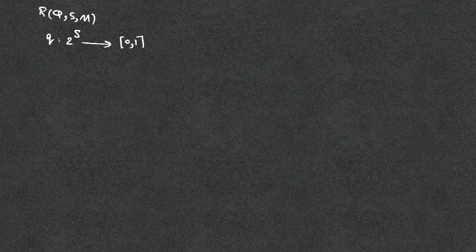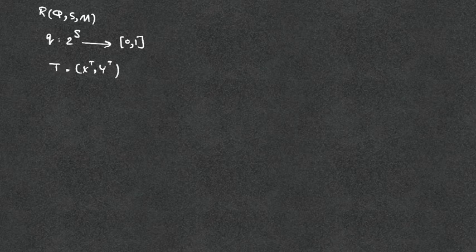Now, they offer a slightly different definition of R. Their formulation of R(phi, S, M), or representation bias of phi in S with respect to M, is defined this way. Consider Q to be a probability distribution over all of the subsets of S. These subsets can be written as T like this, with xt and yt, meaning the examples in the subset and the labels in the subset.